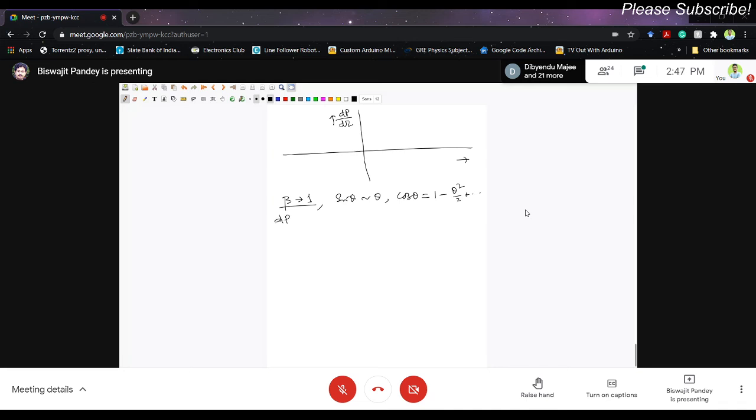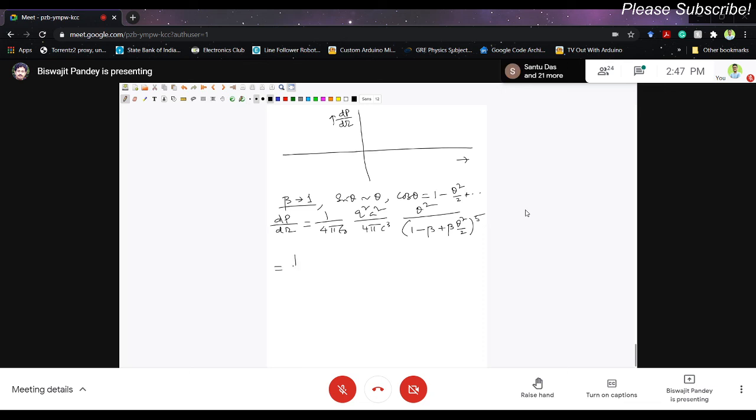So if I write down dP/d omega in this limit, 1 by 4 pi epsilon 0, q square a square by 4 pi c cube, and then sine square theta divided by (1 minus beta cos theta) to the power 5. So sine square theta means theta square, and 1 minus beta cos theta becomes 1 minus beta, and minus minus becomes plus beta theta square by 2, to the power 5.